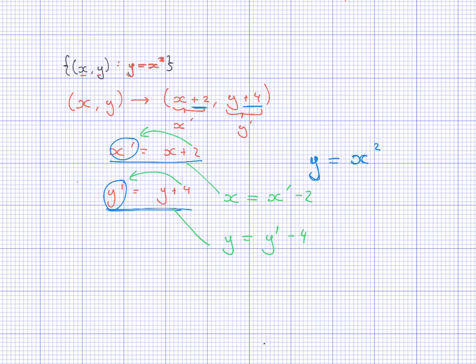And then you just substitute those in place of x and y in this rule here to find out what the transformed rule of the new equation looks like. So it's going to be y image minus 4 equals, and now you have to put brackets in because this sits in place of the x, and the square obviously happens to all of the x, not just the variable.